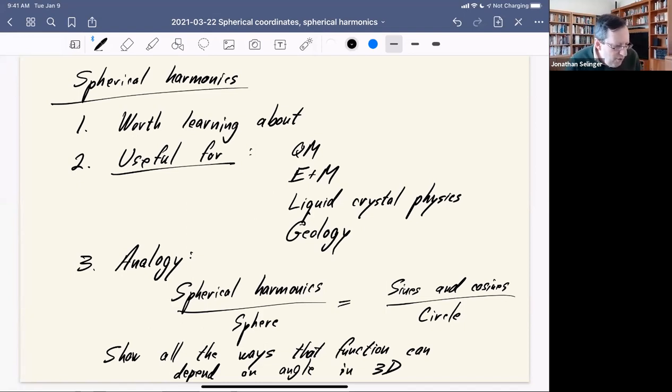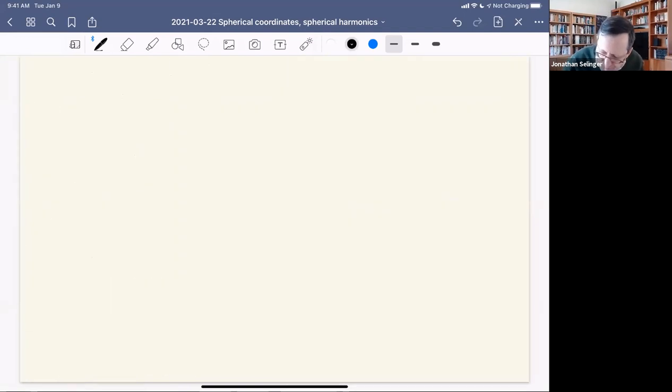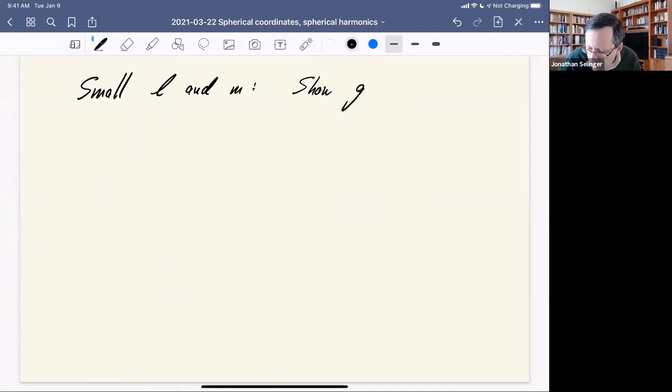And so we could say for small L and M, they show gradual variations.